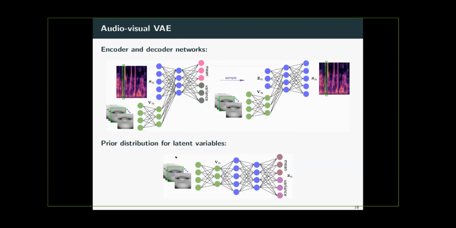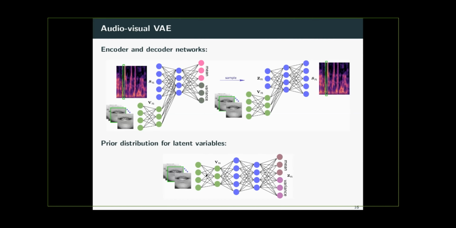And this is actually what's going to happen. My speech is conditioned also by vision, this V_n, and my posterior distribution of Z_n given S_n is also conditioned by vision. And I have also said before that the prior distribution of the latent variables is also conditioned by vision.